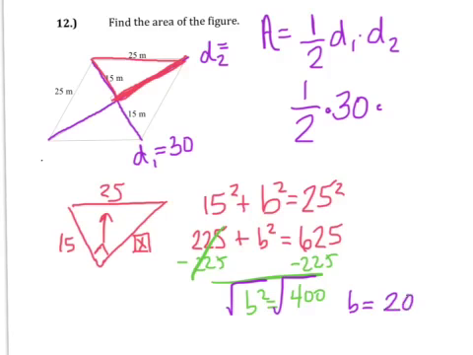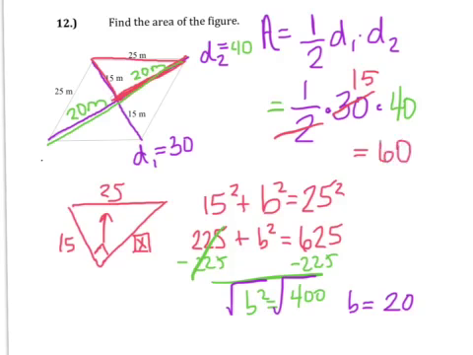So what we found is this length right here is 20 meters, which means this is also 20 meters, which makes diagonal 2 40 meters. So we just need to plug that in over here, 40, and simplify, and we'll have the area. So let's cross cancel. 2 into 30 goes 15 times. So we just need to work out 15 times 40, which turns out to be 600. 600 meters squared would be our area.